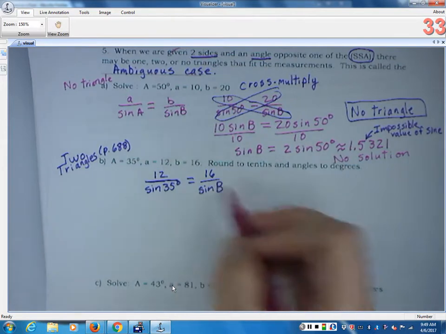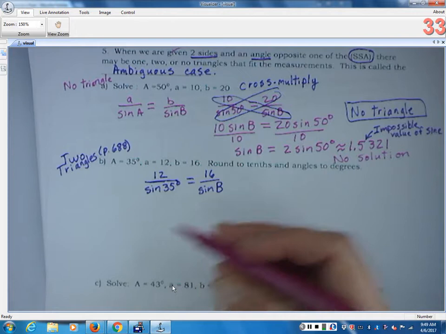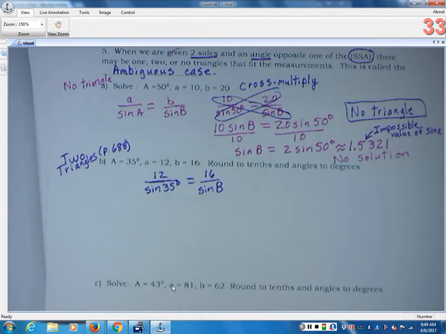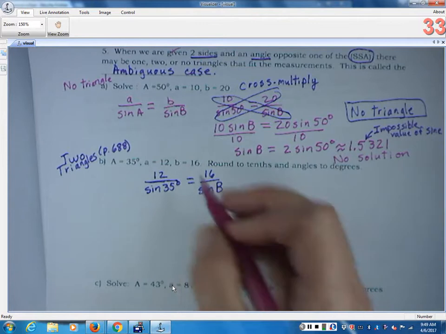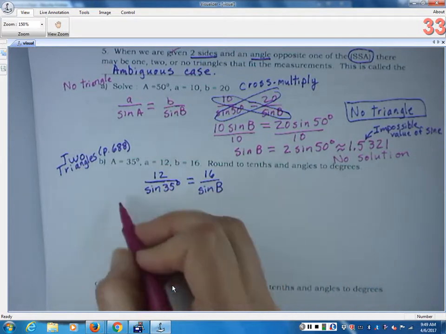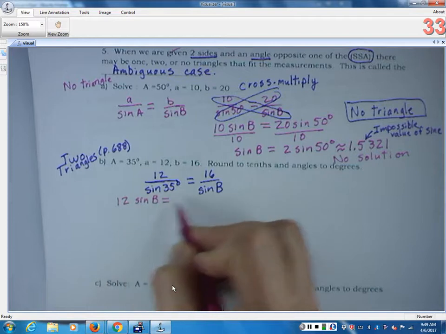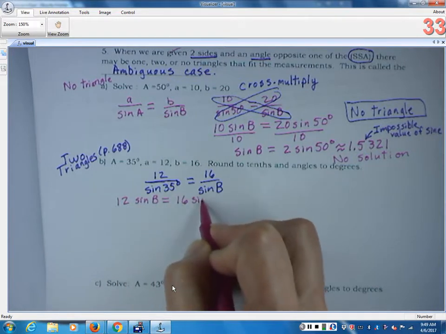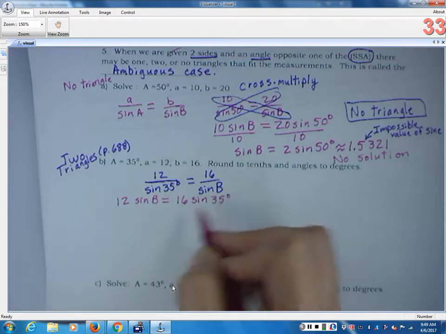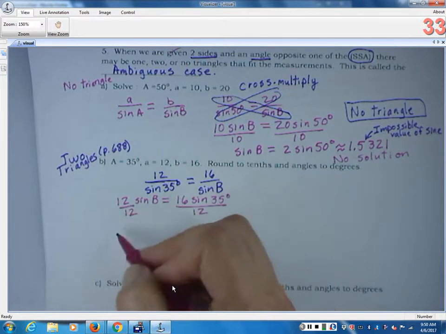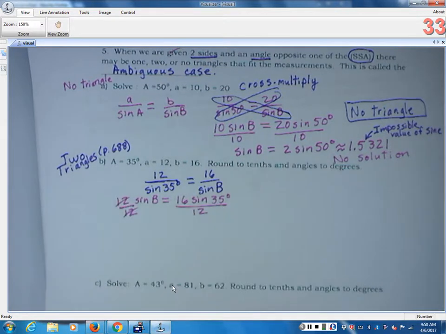If you don't like cross multiplying, you could flip both these and multiply through. But cross multiply, you get 12 sine B equals 16 sine 35, and you can divide by 12. So sine B equals that, and you're going to find that in the calculator.